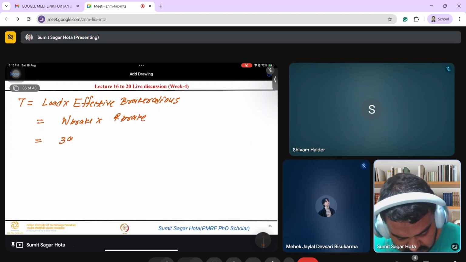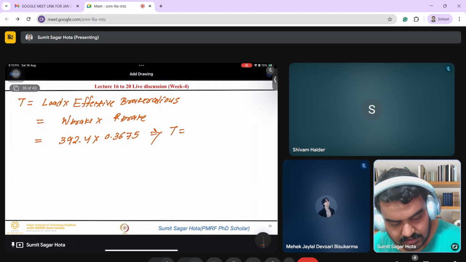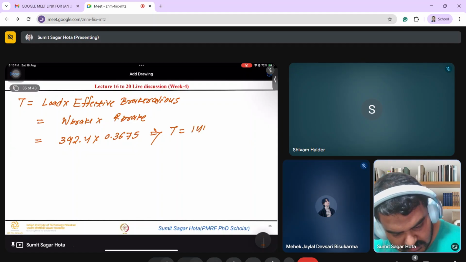We already have these two values: 392.4 already given in the question, and 0.3675 meter, which we just found. This gives a torque value of 144.2 Newton meter.